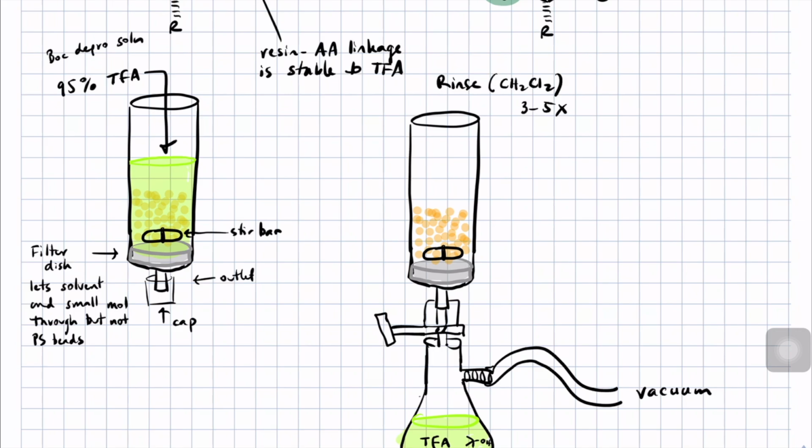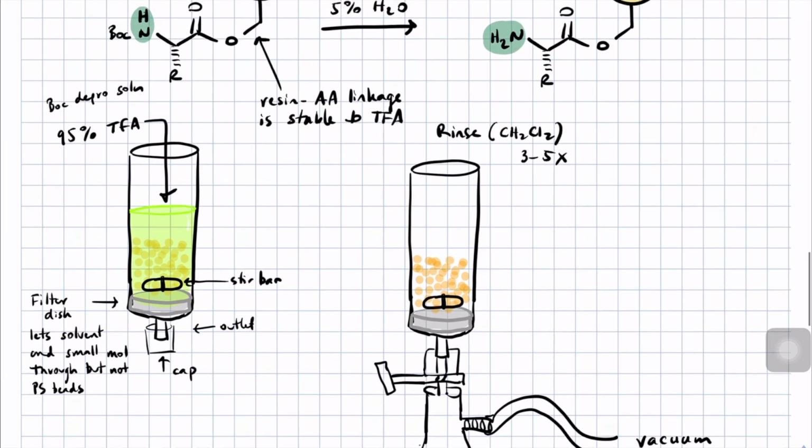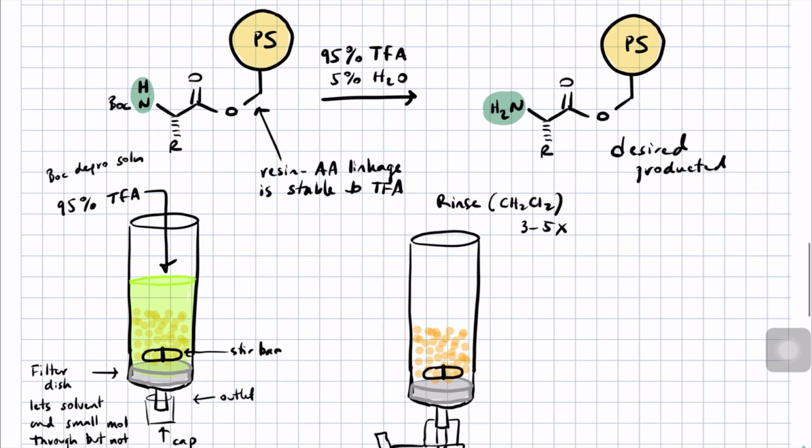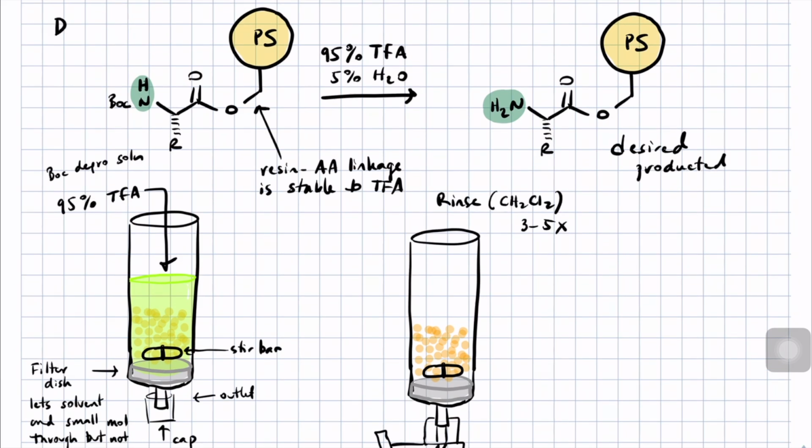And by the time you're done, there's hardly any TFA at all left in your resin beads. So by simply draining the reaction mixture from the vessel and then rinsing the beads, you've now purified your desired product here, this deprotected amino acid on resin. And so that is what we call a deprotection step.